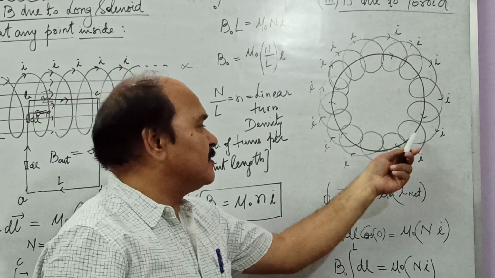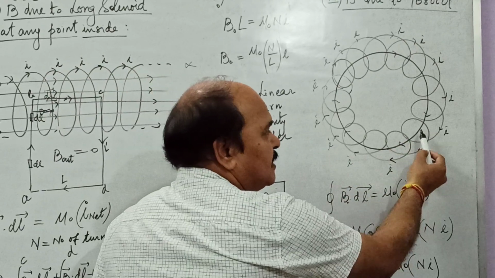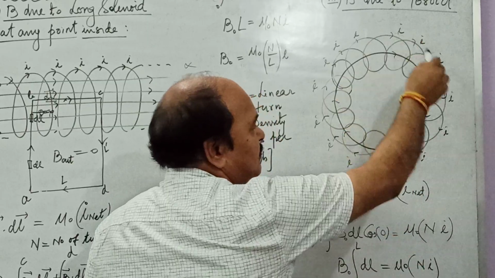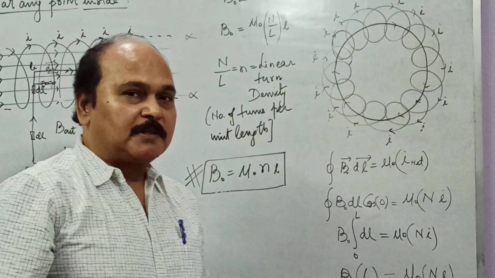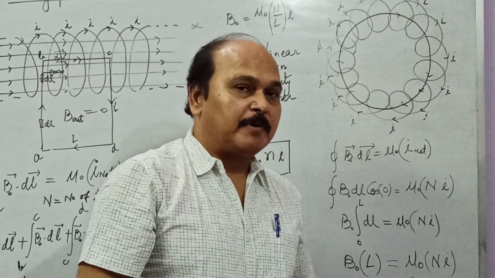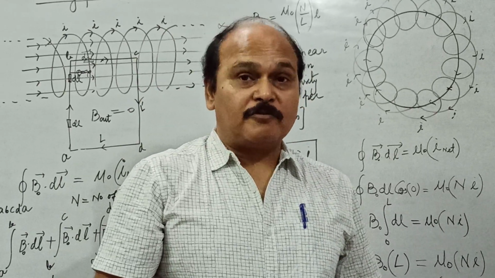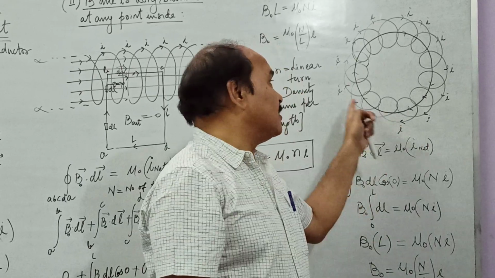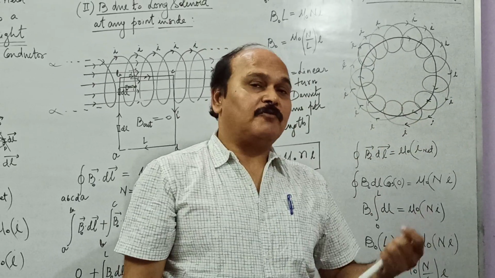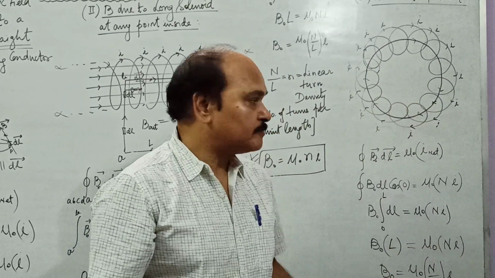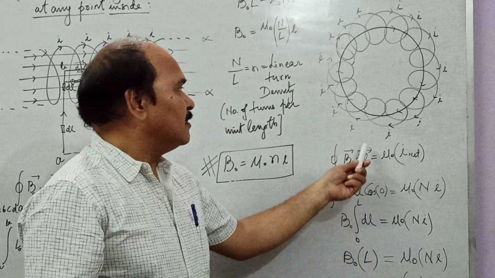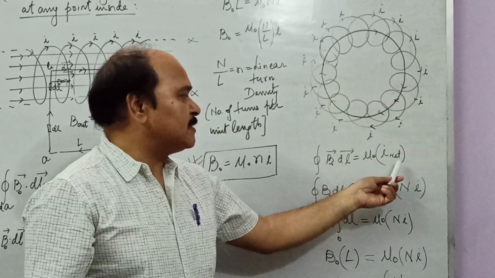So if we wish to find out the magnetic field at any point inside, we make a closed path passing through that point, and that closed path is taken in the form of a circle. And remember, this circle is also going to coincide with one of the magnetic lines of force which are present inside the toroid. They also form circular loops. Well, B dot dl all along this closed path is equal to mu naught times I net.